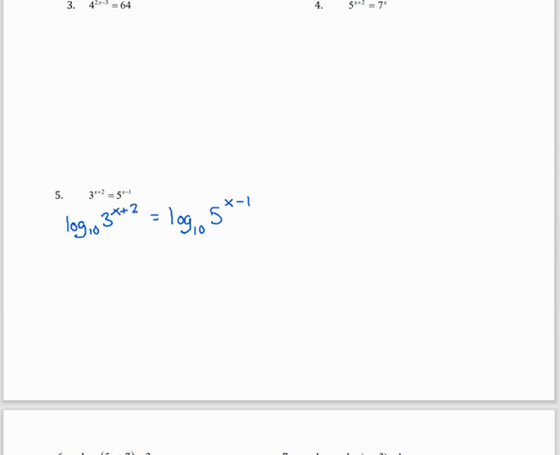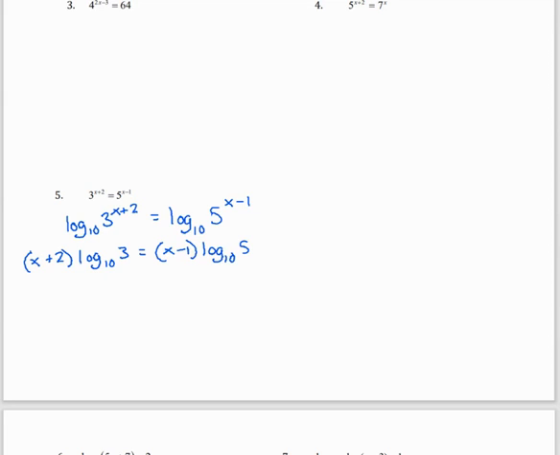So here we are. Well, I still have these exponents. Don't forget this property that when you have exponents, we can put them out front once we have a logarithm. So this is really saying x plus 2 times the log base 10 of 3 equals x minus 1 times the log base 10 of 5. Okay?